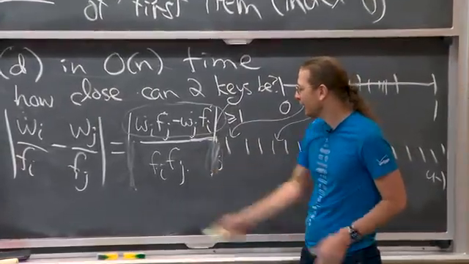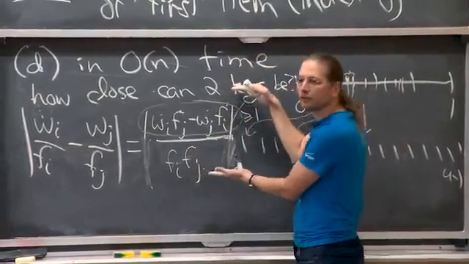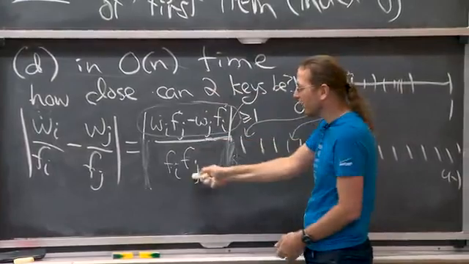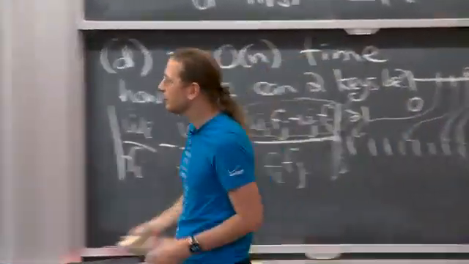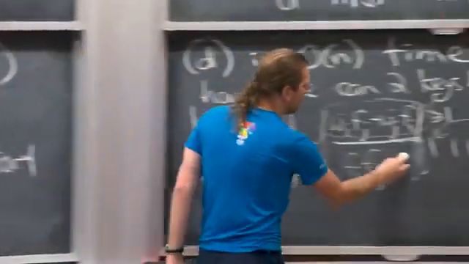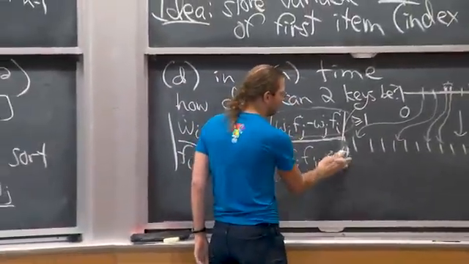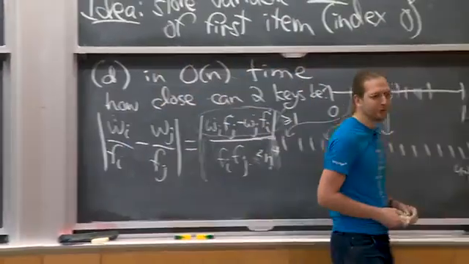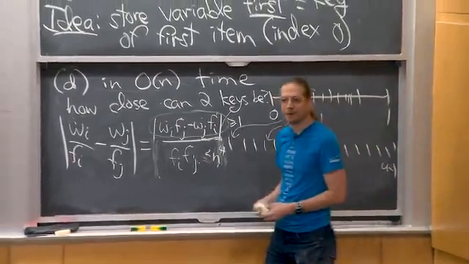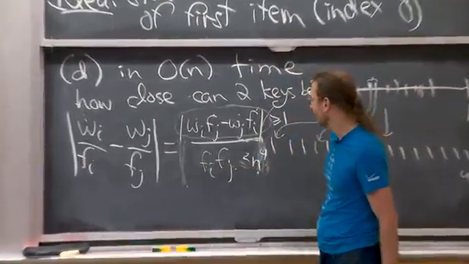What about the bottom? fi fj, so now I want to know how small this ratio can be. It's going to be small when this is small and this is big. How big could fi fj be? Well, we're told that all the f's are less than n squared. So this thing is at most n squared minus 1 squared, but less than n to the 4th. fi is at most n squared. fj is at most n squared.